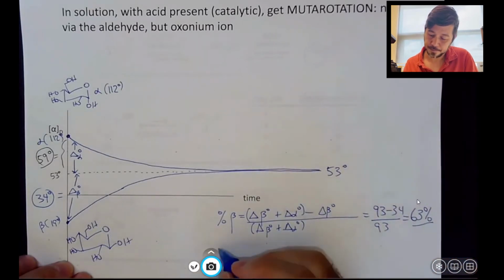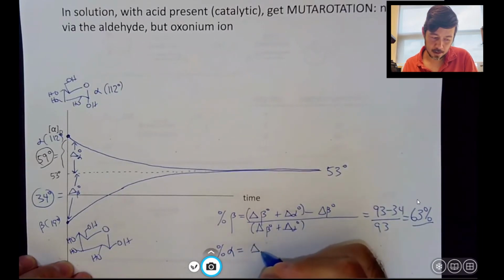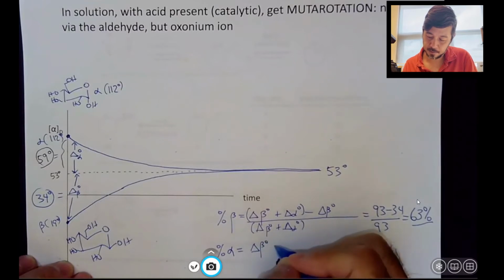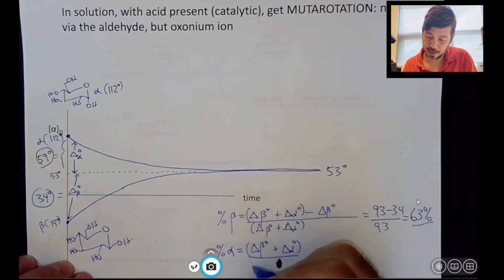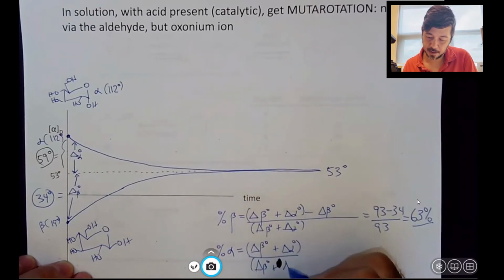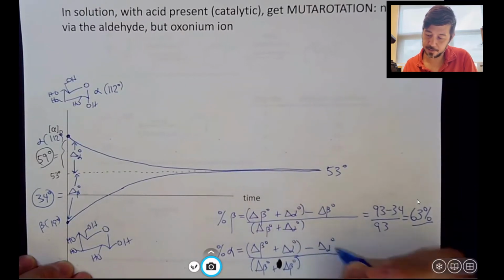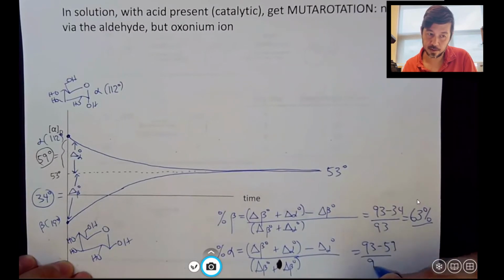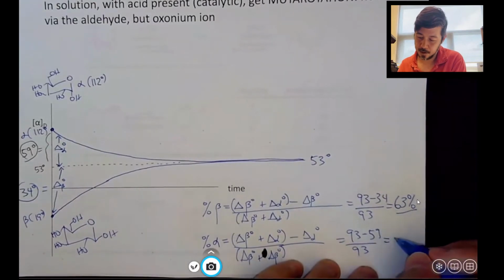Okay. If we look at alpha and apply the same formula, we take the whole sum of the change in beta and alpha, minus just the change in alpha. That will be 93 minus 59 over 93, and that will be equal to 37%.